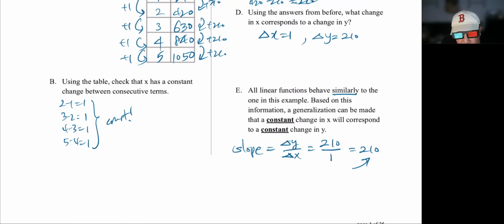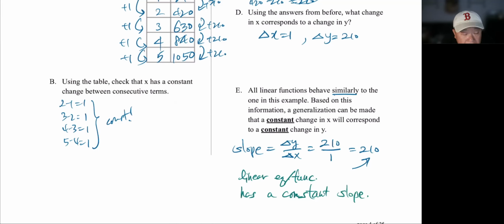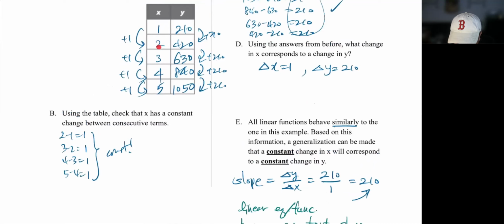Another kind of inference that we can make is a linear equation or function has a constant slope. Okay. Now it's possible that they may skip a value over here. So from here to here will be plus 2, and from here to here will be 420.